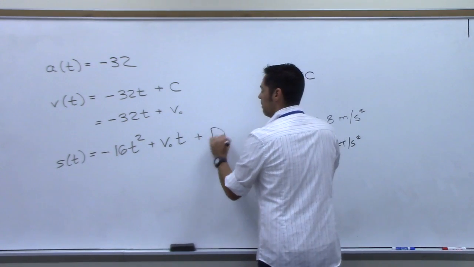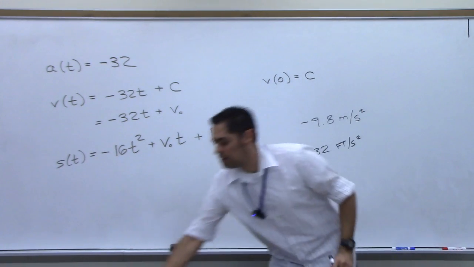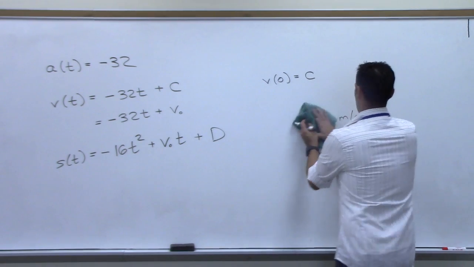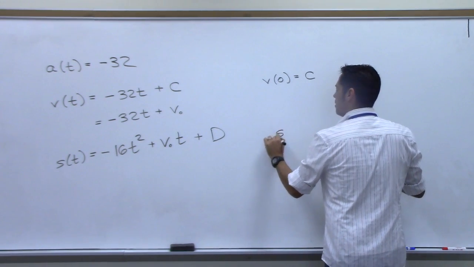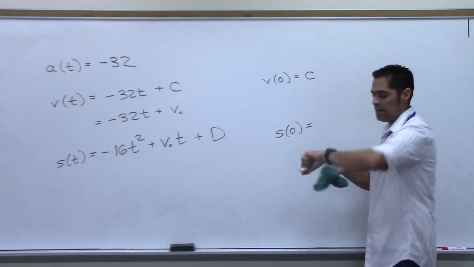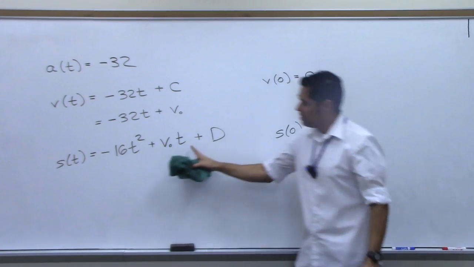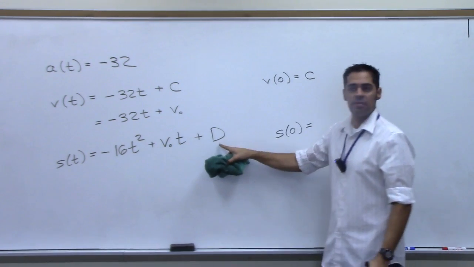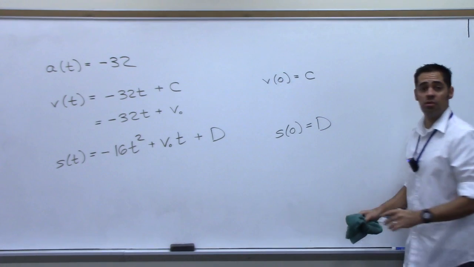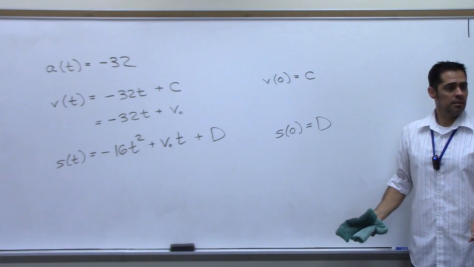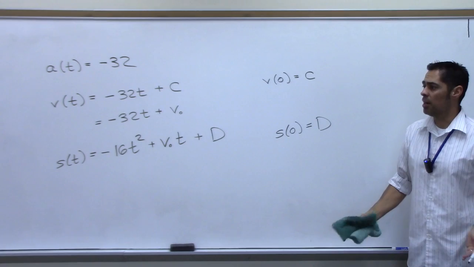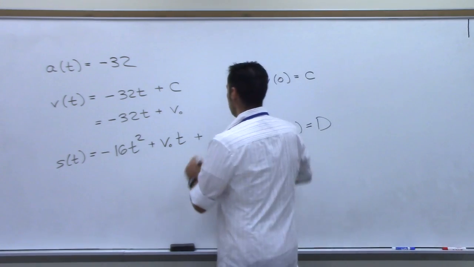Let's call it d. Now I want you to notice something about d. If I let s of 0, at time 0, it would kill these two off, and I would just have this, which would be the initial position, the starting height of the object. So instead of calling it d, I'm going to call it s sub 0.